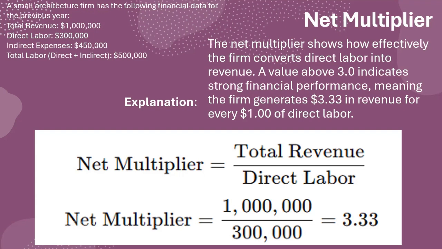You can continue that, but we'll just stop here at the decimal. The net multiplier shows how effectively the firm converts direct labor into revenue. A value above 3 indicates strong financial performance, meaning that the firm generates about $3.3 in revenue for every dollar of direct labor.